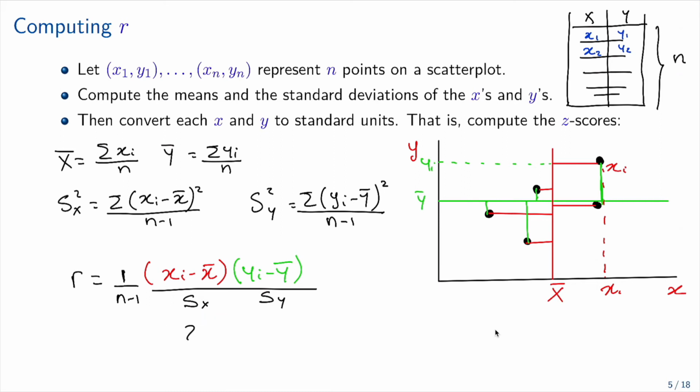So this is zx and this is zy, divided by n minus 1. So we can write r as the average of the z values for the total set of points.